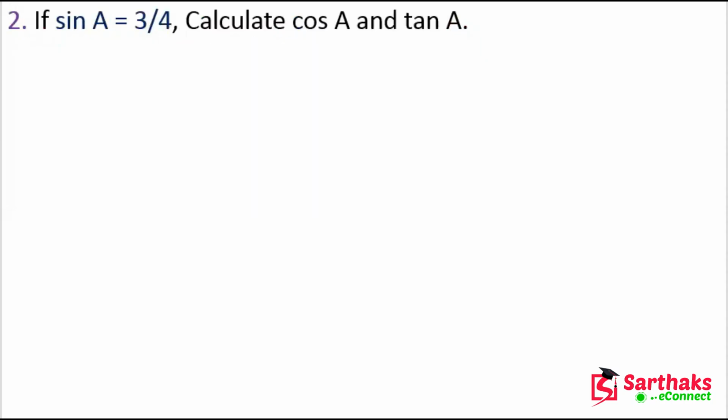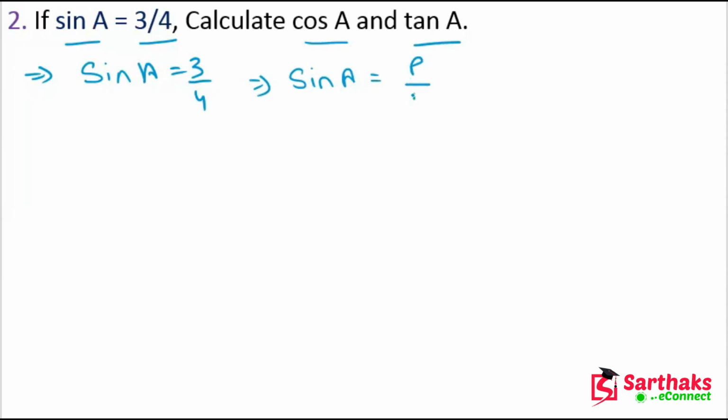So the second question is, if sine A is equal to 3 upon 4, we have to calculate cos A and tan A. Very simple question, guys. We know that sine is perpendicular upon hypotenuse. So we know the perpendicular and hypotenuse, and we want the base.